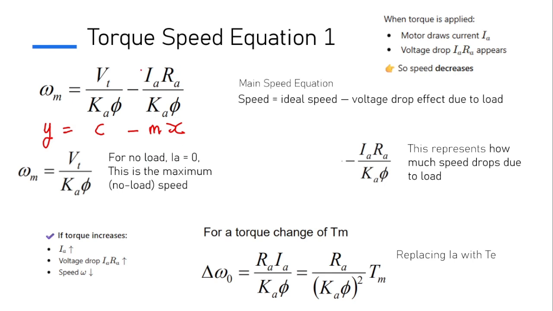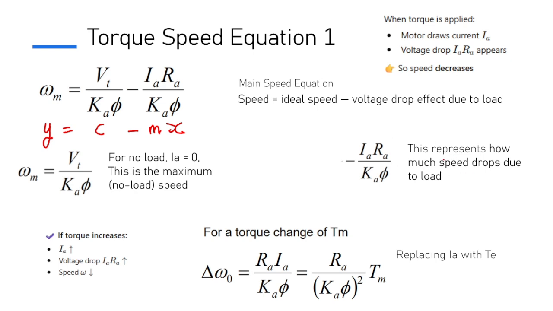So this part of the equation will drop off, and you'll end up with omega m. This here is called your maximum speed, or your no-load speed. So if I ever ask you to get your no-load speed in a question, you're basically just using this equation here, right? Then you have this piece here.